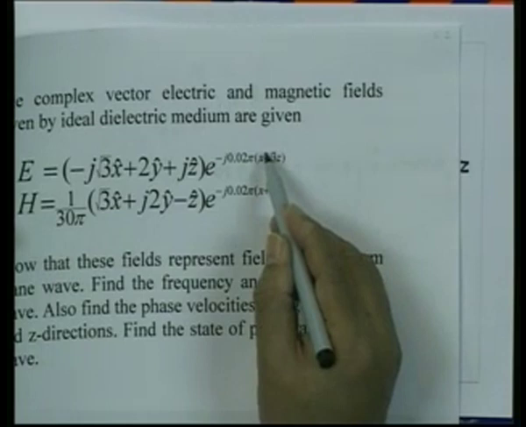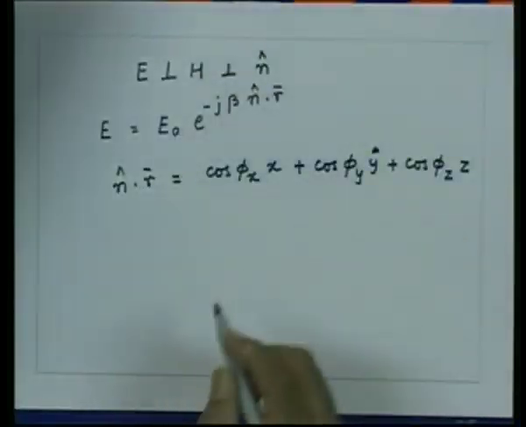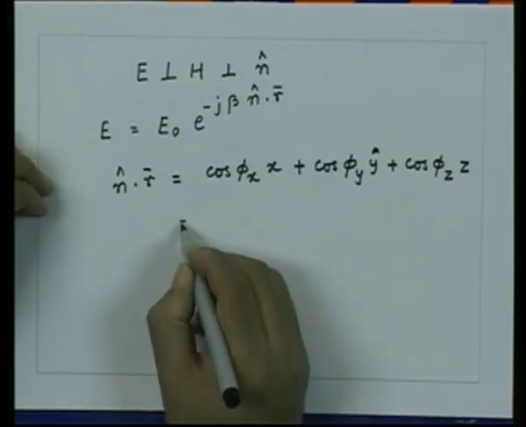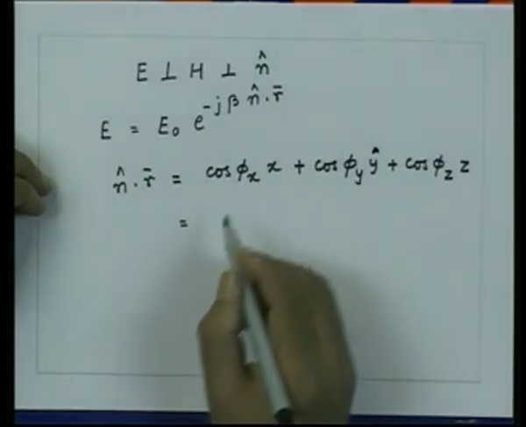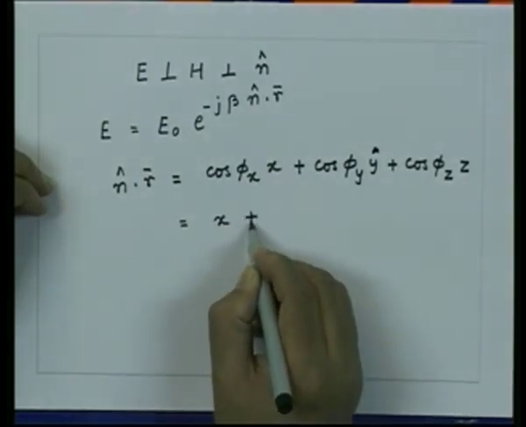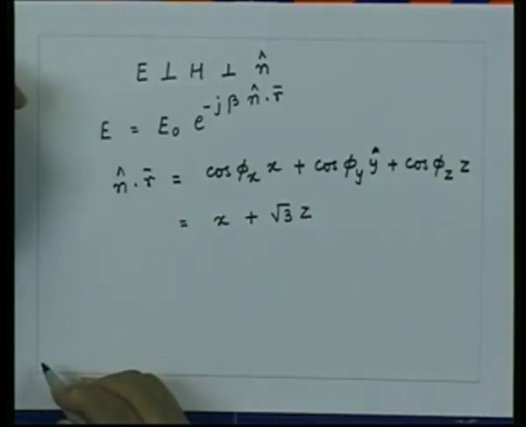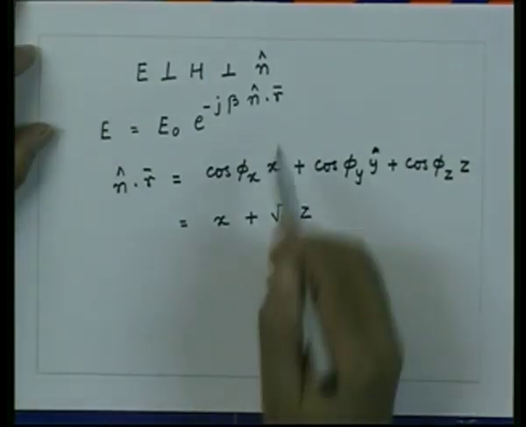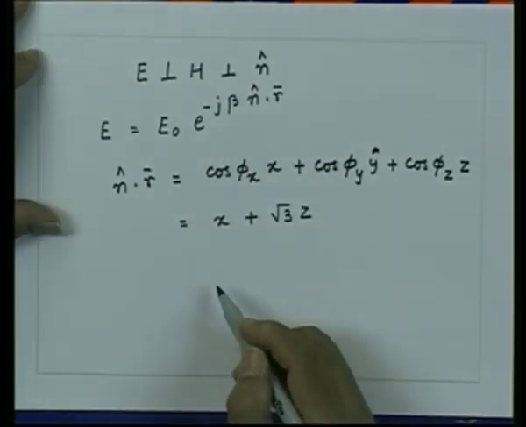So, first of all we can take this quantity and compare it with this. That essentially gives you this quantity as x plus root 3 z, and as we know the n should have a magnitude which is unity.